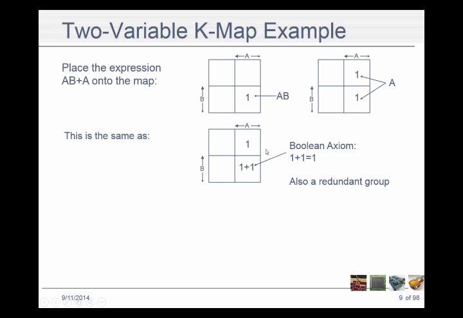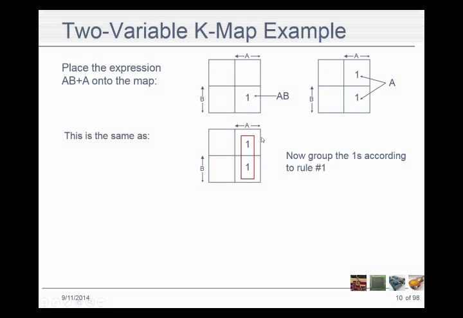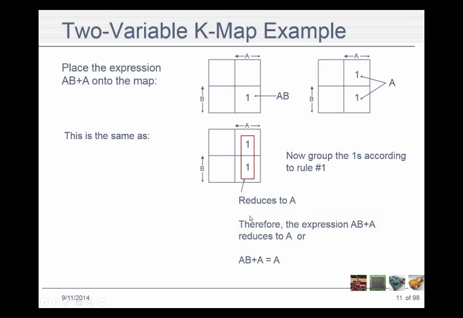So to remove this, see here we've got redundant. We don't need both these ones in here. Since 1 or 1 and 1, they're both 1, it's redundant. Get rid of it. We're left with 2 1s, and they're a group. It's the biggest group we could get. And that means this reduces to just A.